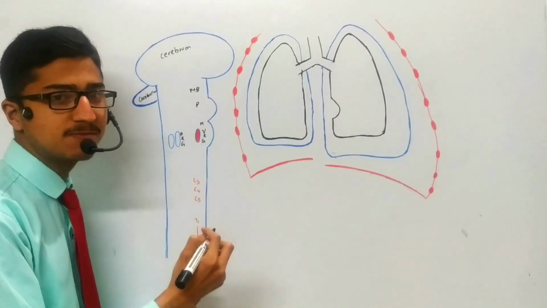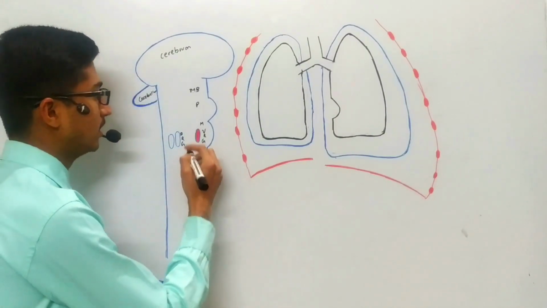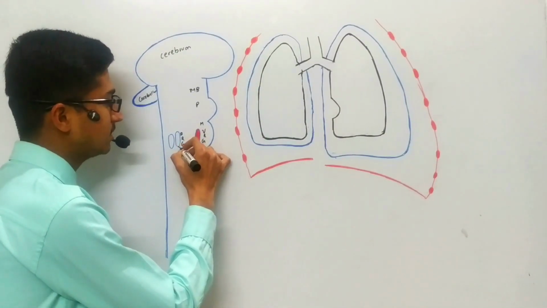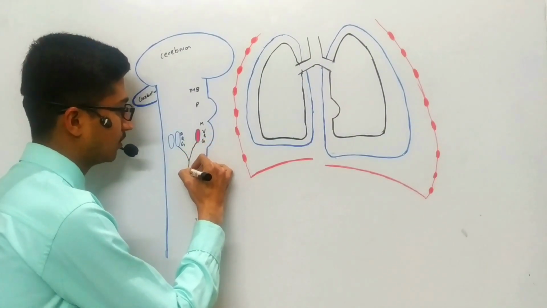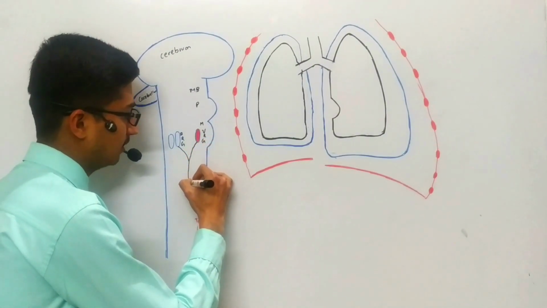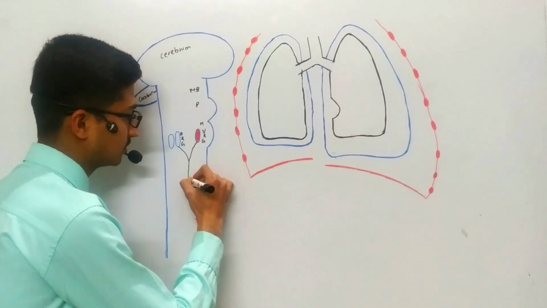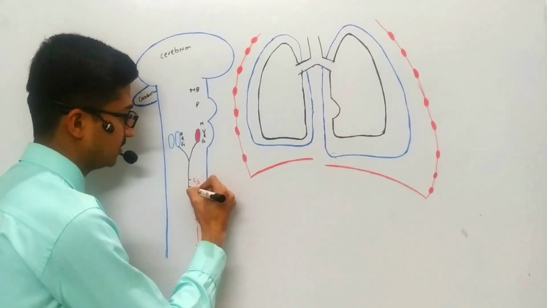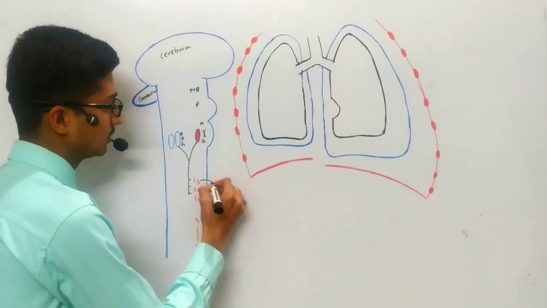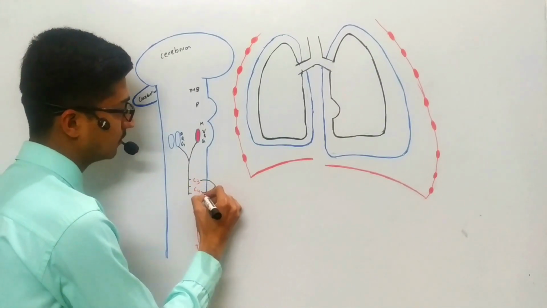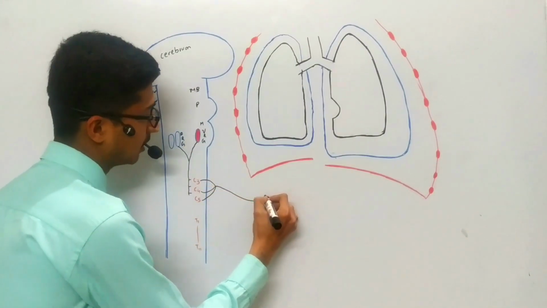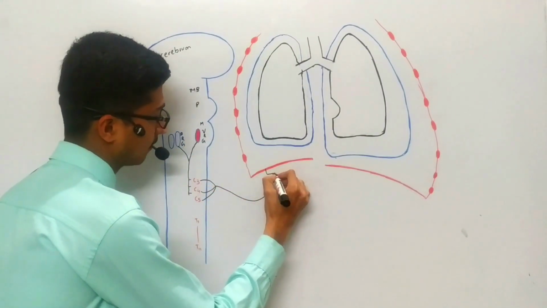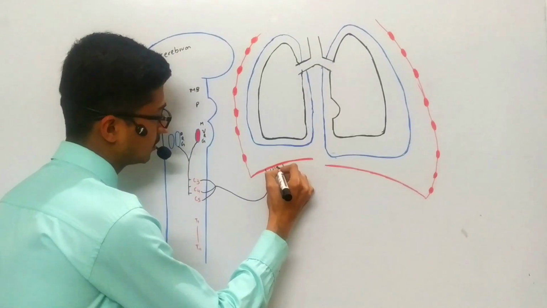Both have inspiratory impulses. So this sends inspiratory impulses down the vertebral column and they activate somewhere about C3, C4 and C5. Now C3, C4 and C5 will stimulate our diaphragm and cause it to contract.